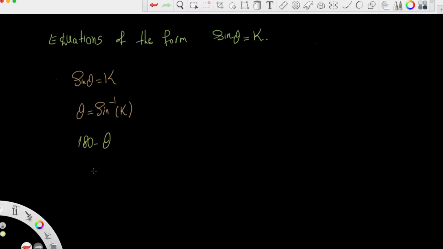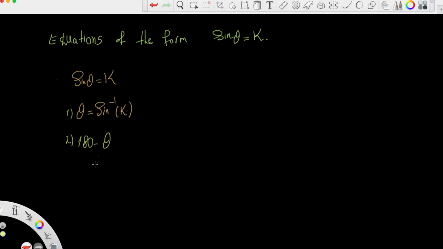But the other point that we learned, after a complete rotation of 360, clockwise or anti-clockwise, again the angle produced will have the same ratio as theta. So one of the answers will be theta after finding the sine inverse of k.